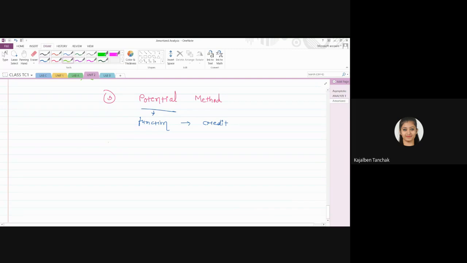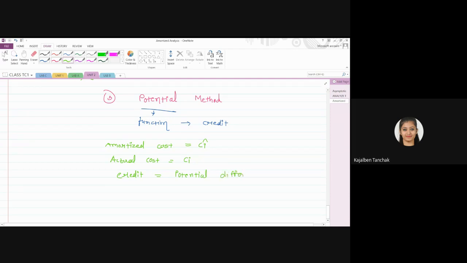Let's see. The amortized cost is equal to C_i hat, and the actual cost, which you already know, is equal to C_i. And here we have some credit, which is nothing but the potential difference.